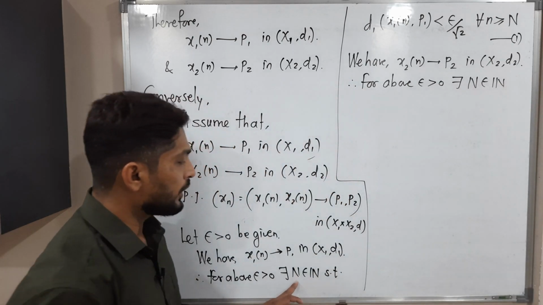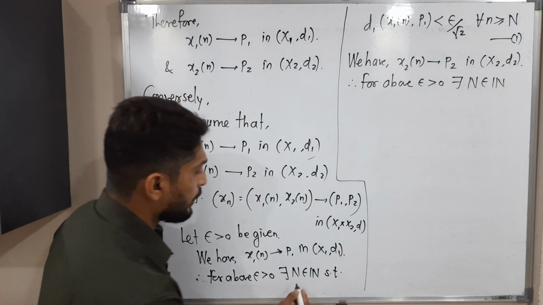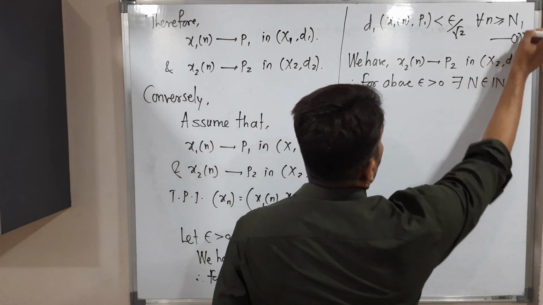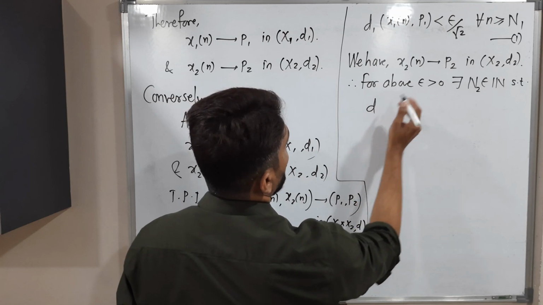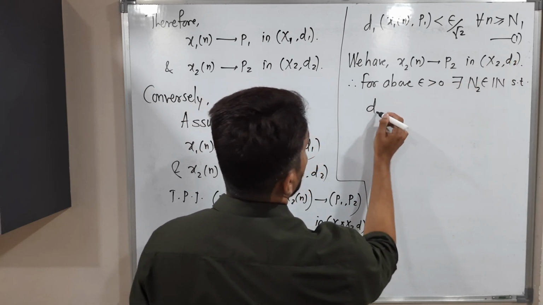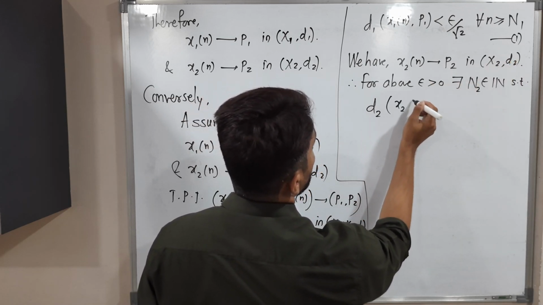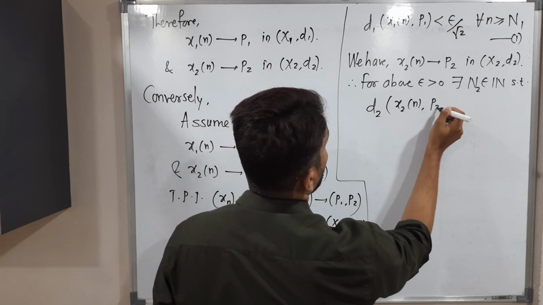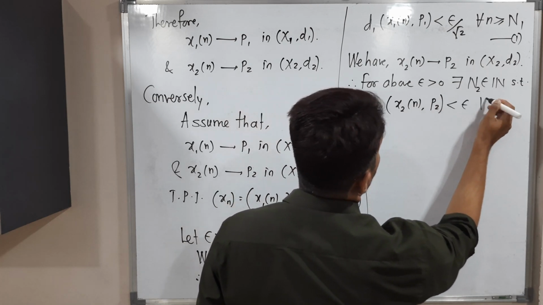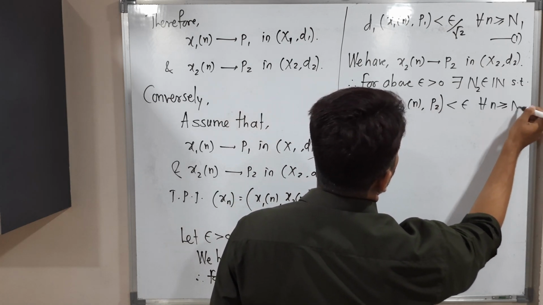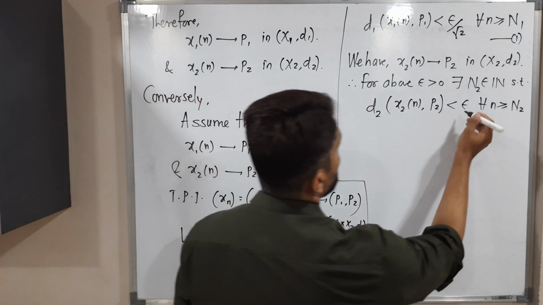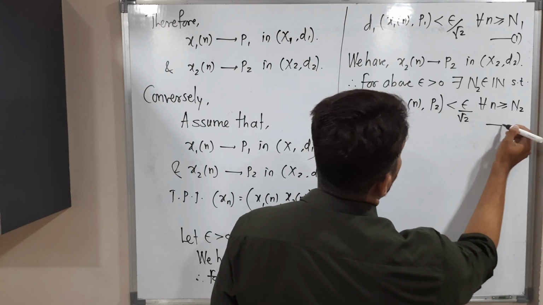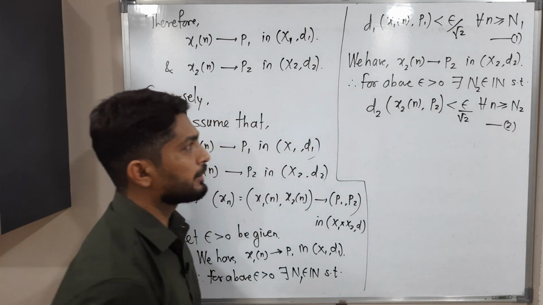But the symbol n we have already taken, so let me call it n1 and this n2, such that d2, the metric we have now, x2n comma p2 is less than epsilon for all n greater than or equal to n2. Here also I will do the same adjustment, epsilon by root 2. This is statement number 2.